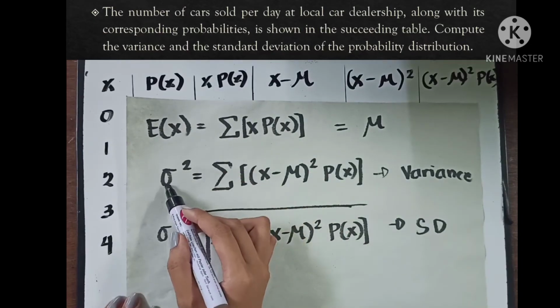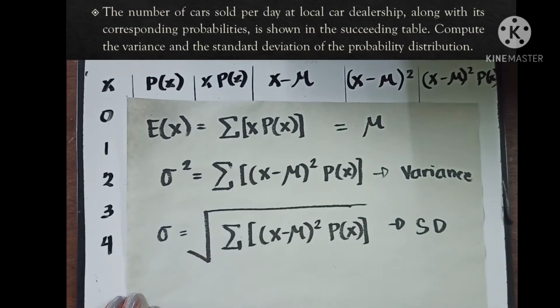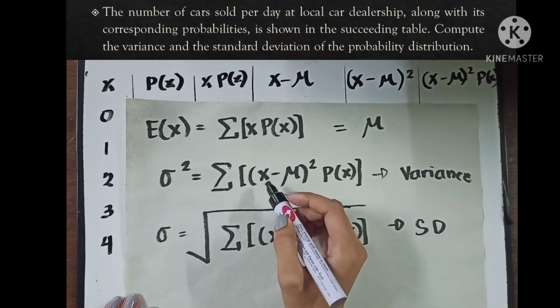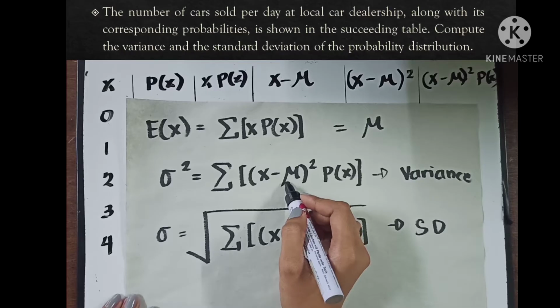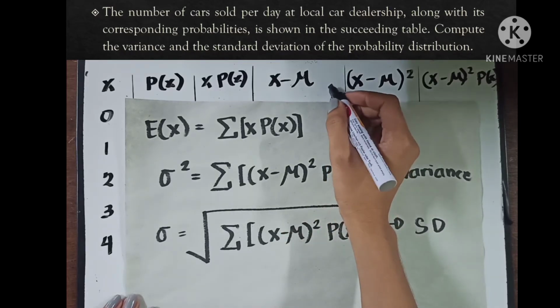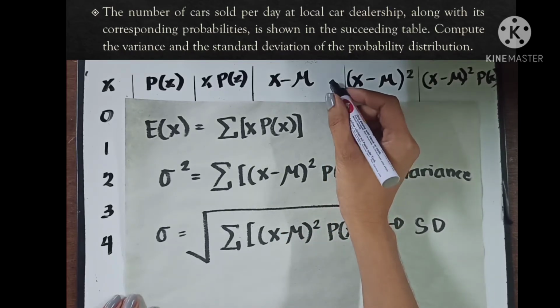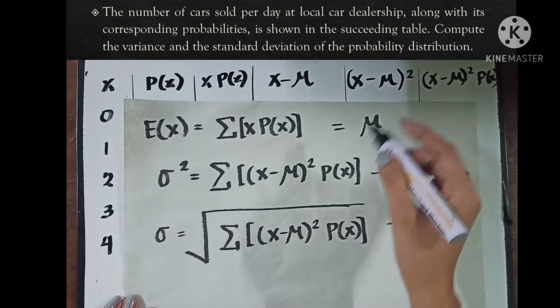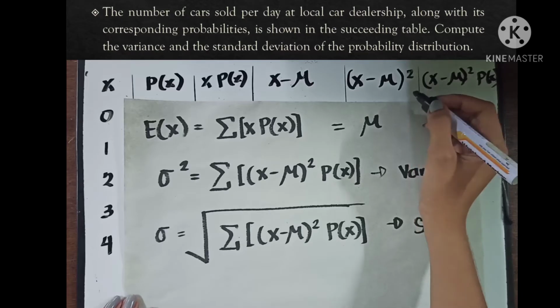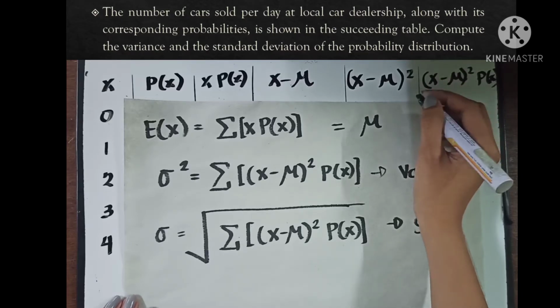Okay, so to solve for the variance, para makuha yung variance, kailangan natin dito ng x minus mu, or x minus mean. So, meron tayong column for x minus mean. And meron din tayo ditong x minus mean squared. So, kailangan din natin ng column for x minus mu squared.